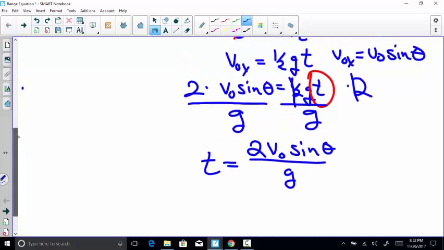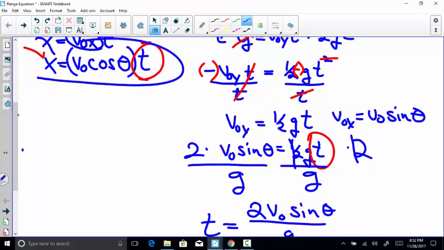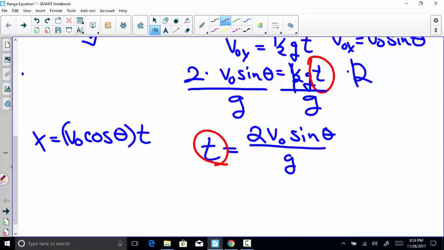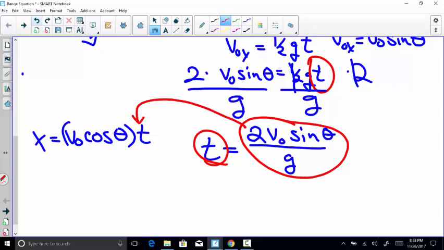And if I go back up here and bring this equation down, my x equation is x equals v initial cosine theta times time. Since this time and this time are the exact same, I am going to take this whole mathematical term and plug it into that.